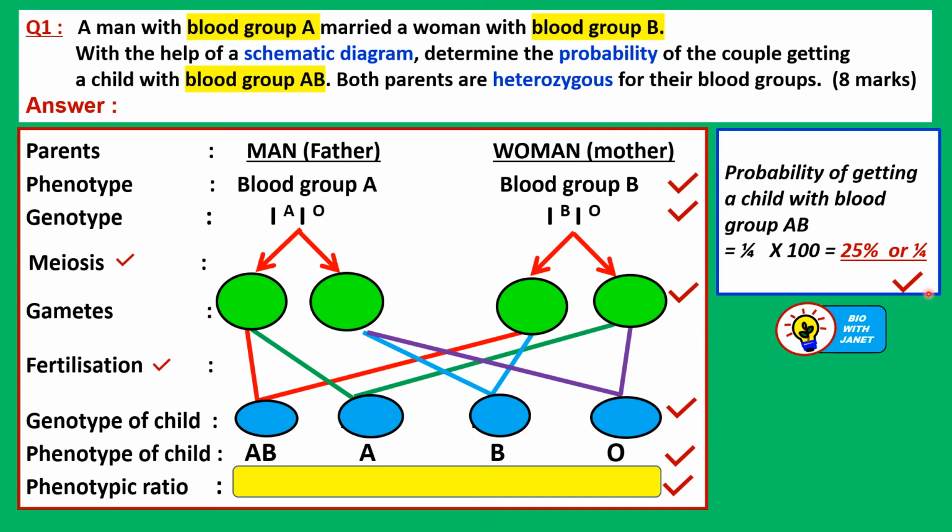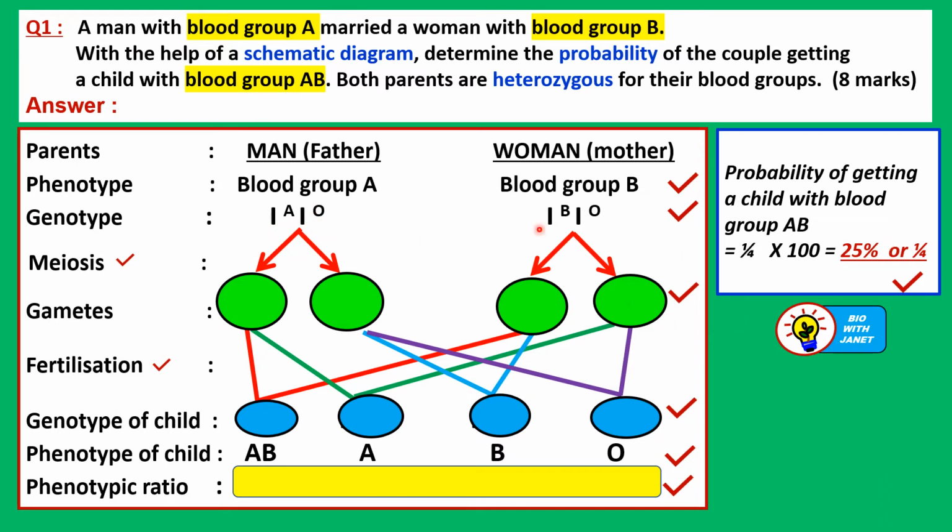Now, a man with blood group A, right? During meiosis, in the formation of the sperms, these two alleles will separate from each other. When the homologous chromosomes number 9 separate from each other, these two alleles will separate from each other.